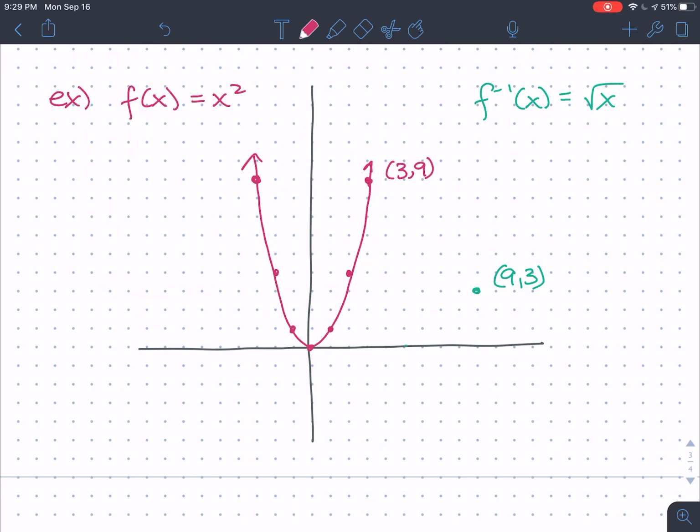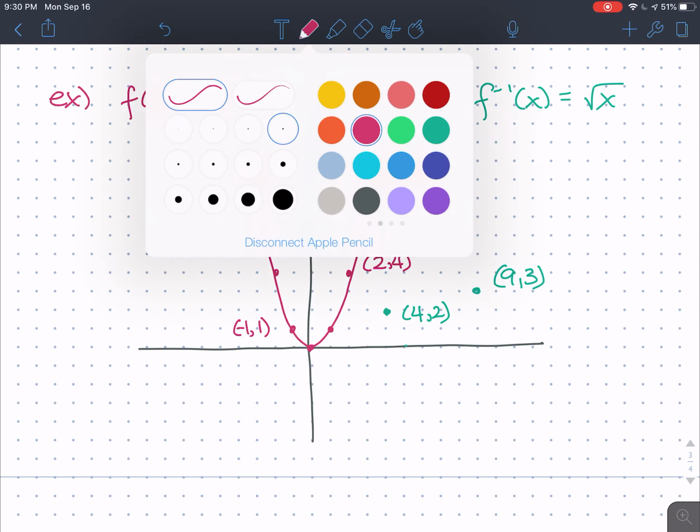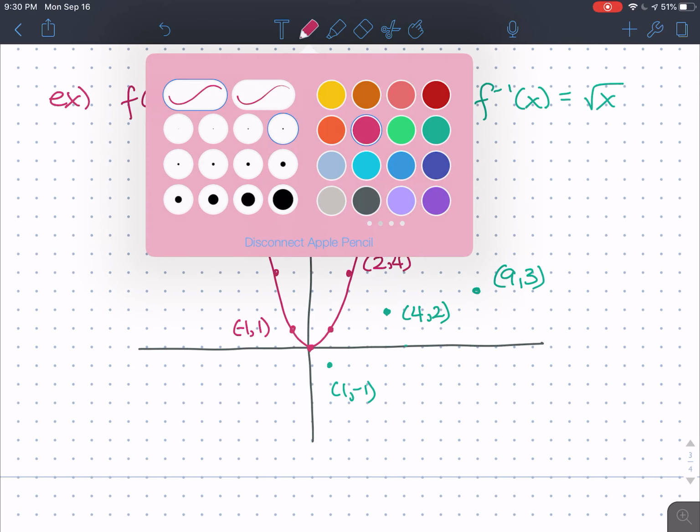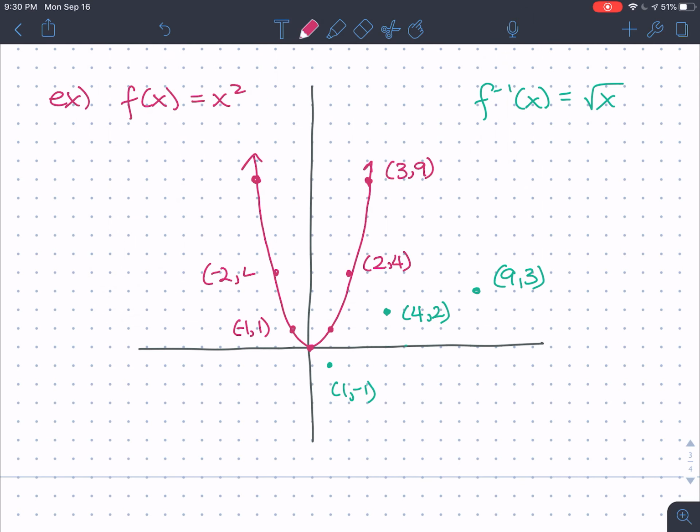And this point right here, which was at 2, 4, is going to go to 4, 2. 1, 1 is going to stay 1, 1, and 0, 0 stays. But this point right here at negative 1, 1 is now going to be at 1, negative 1. And this point at negative 2, 4 is going to go to 4, negative 2.